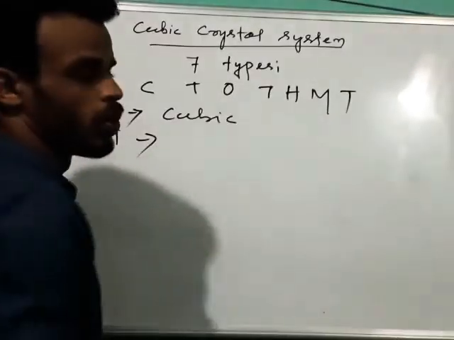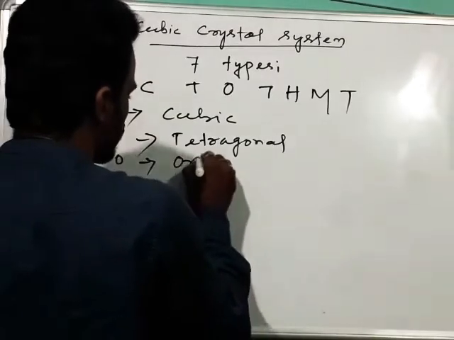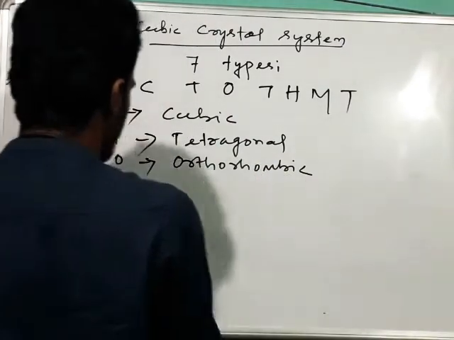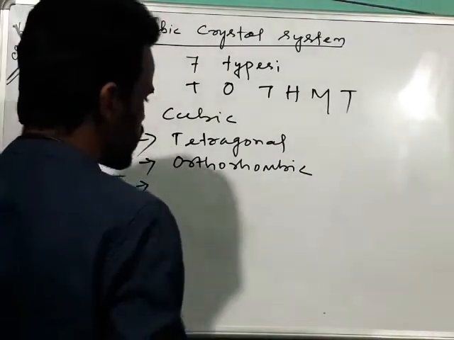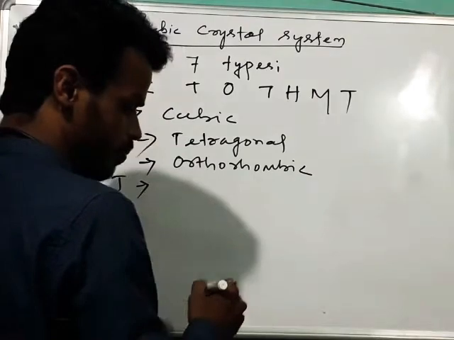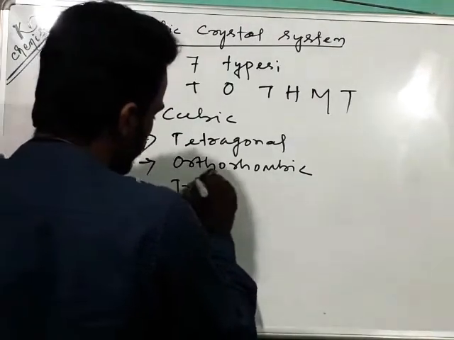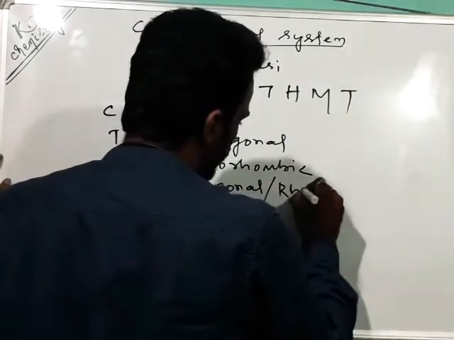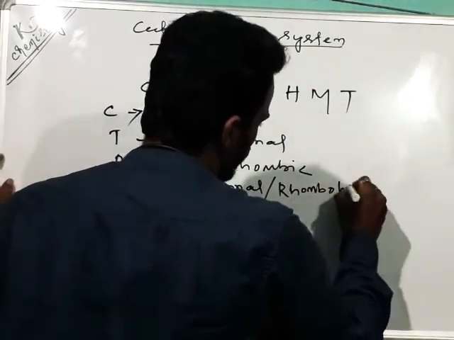T stands for tetragonal. O stands for orthorhombic, and another T stands for trigonal, or you can say rhombohedral.